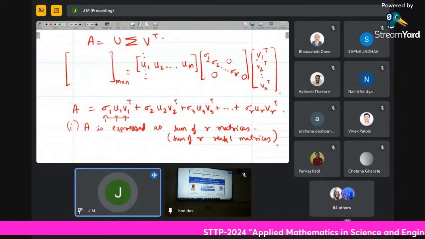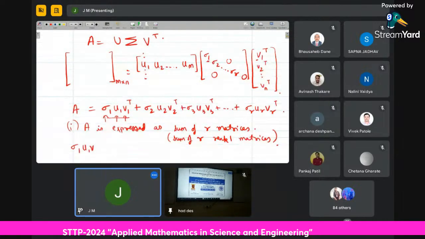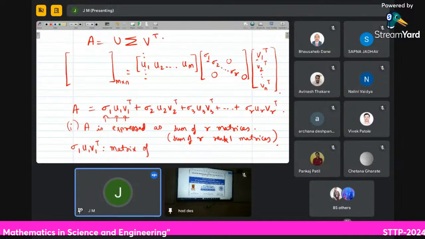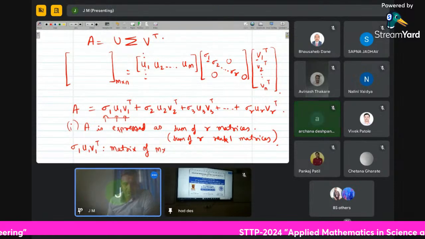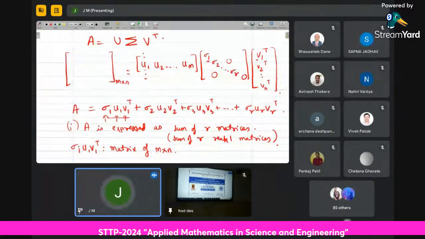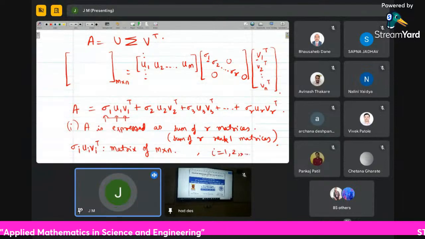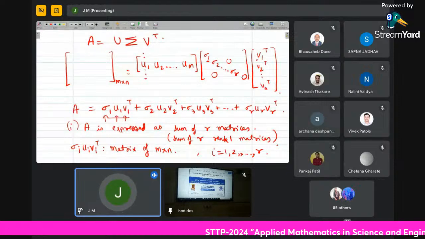So this is a matrix. My sigma 1 U1 V1 transpose is a matrix of order m by n. In general, all of them, running from 1 to R, are matrices of order m by n.